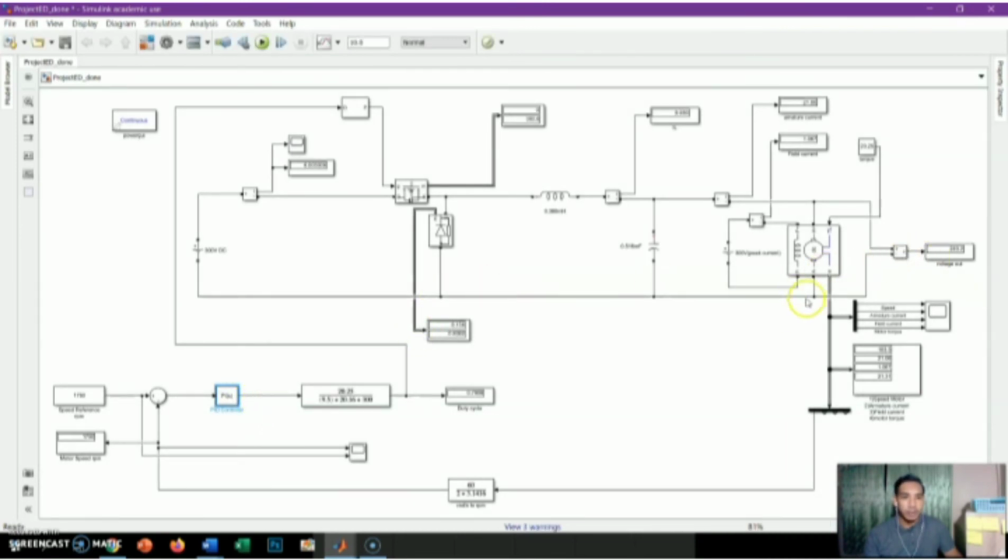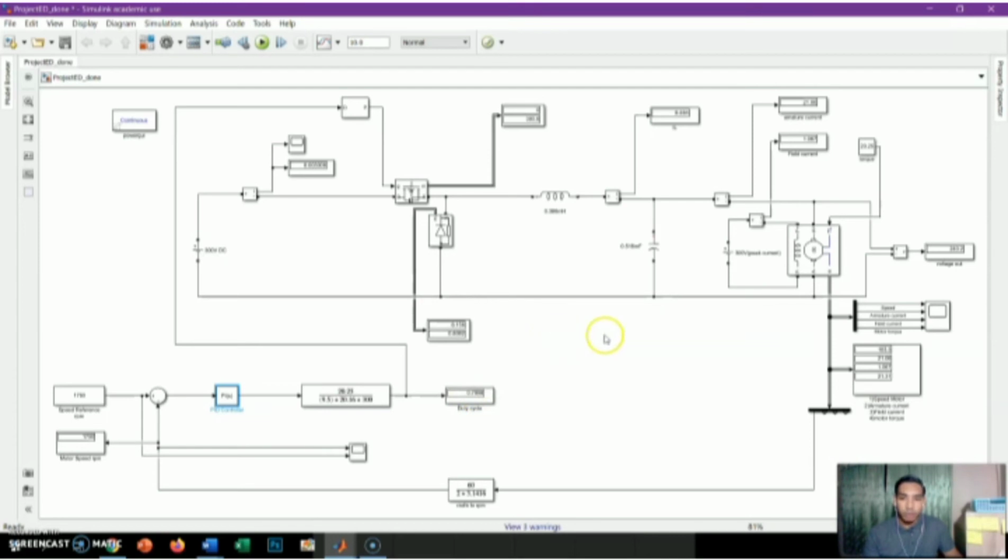Okay, what we can see is the voltage output is 240 volt, and the duty cycle is 0.79, which is about 0.8. What we can conclude is that the input voltage Vin is 300 and the duty cycle is 0.8.